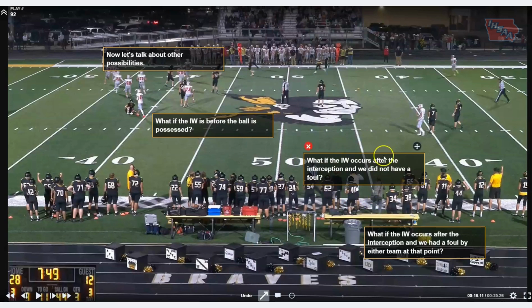What if the inadvertent whistle occurs after the interception and we did not have any foul? In that case, the defense got the ball with clean hands. After they have the ball, we have an inadvertent whistle. Then we go back to our inadvertent whistle rules.